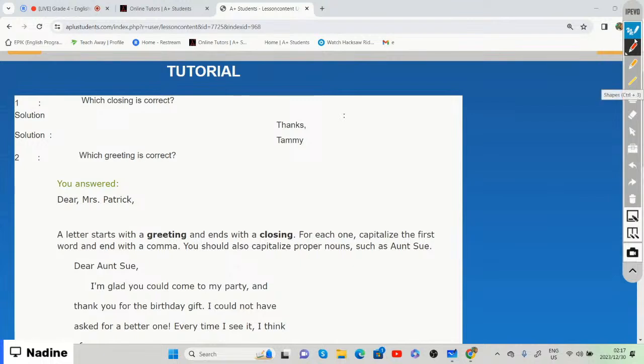When we write a letter, not forgetting that the first word of the letter starts with a capital letter. You need to capitalize it. We also capitalize proper nouns, for example, Aunt Sue.